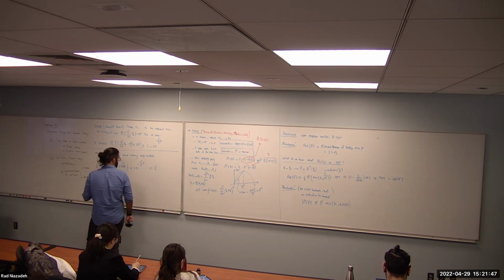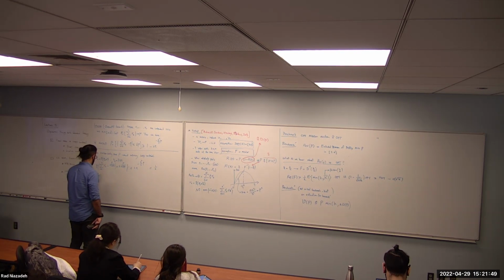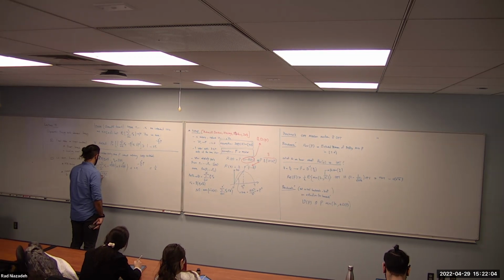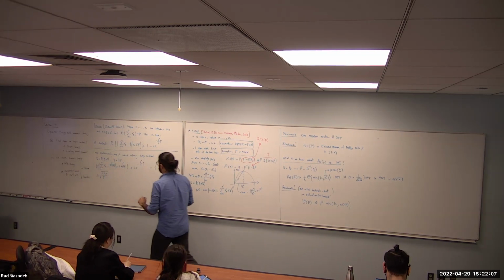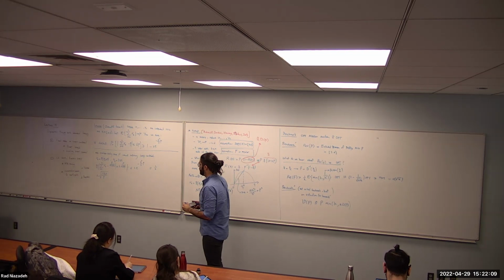That means if I set delta to be the square root of 3 log k divided by mu, then that happens with probability 2 over k.